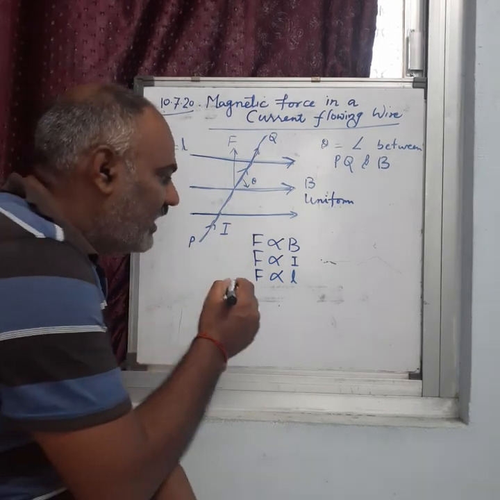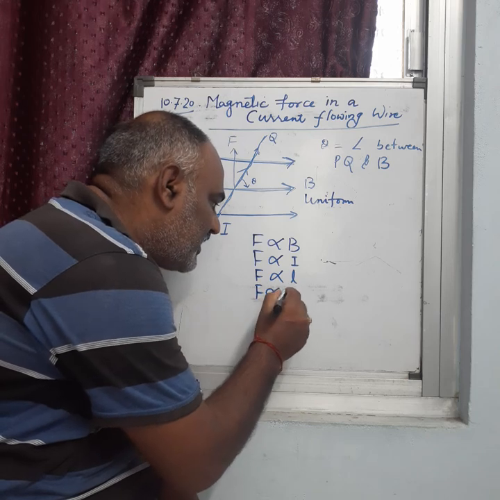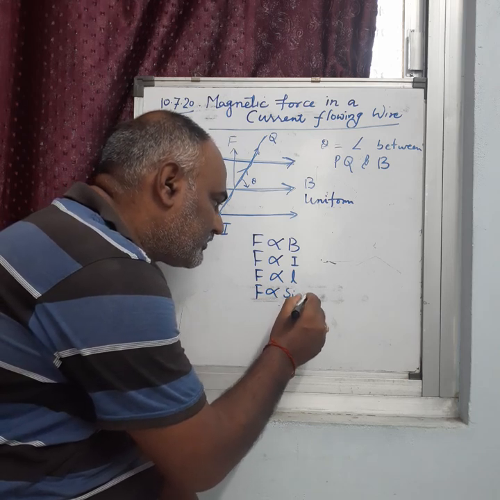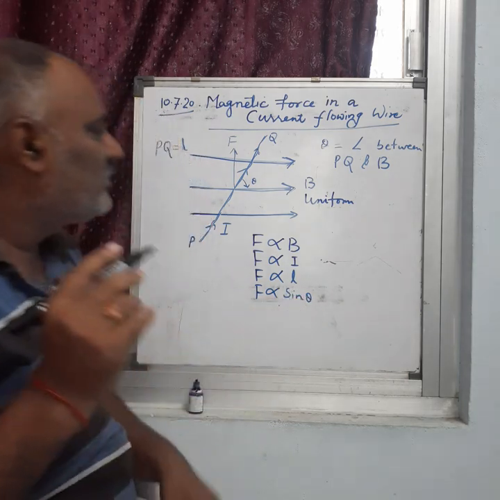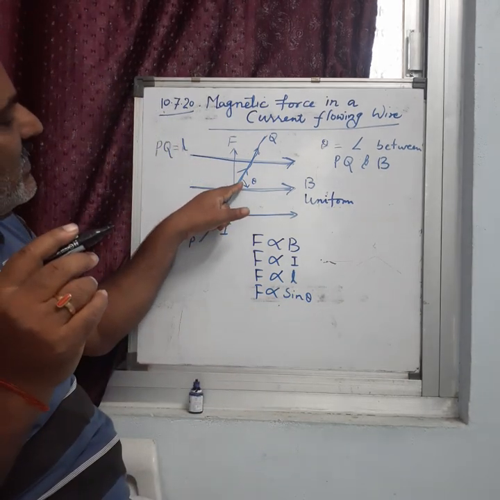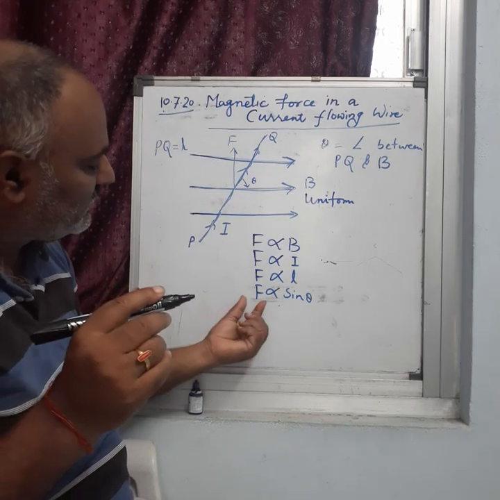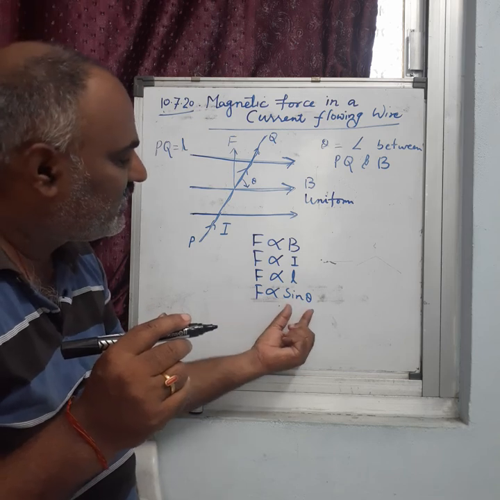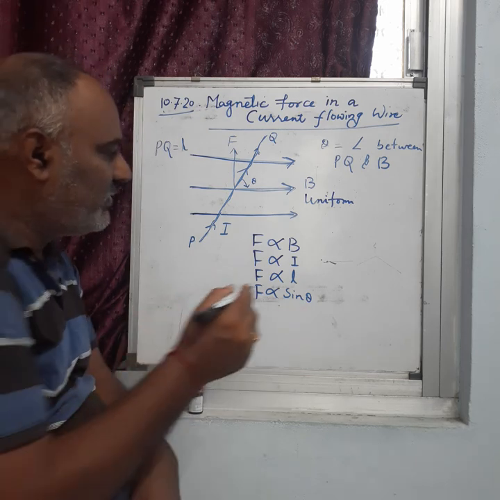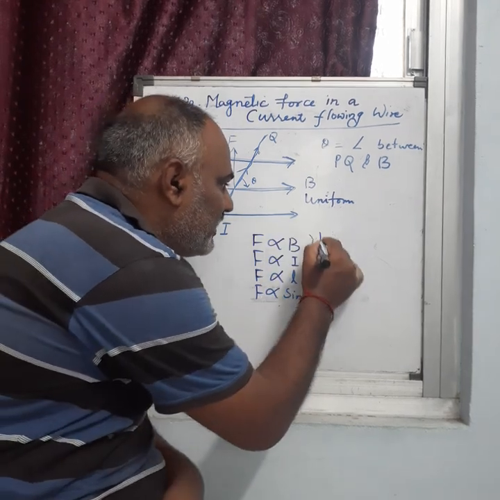And one more thing here: force depends on sine theta. Now see very clear. What is theta here? Theta is the angle between the current flowing wire and the magnetic field. This force also depends on theta. So if you combine all these, what do you get?